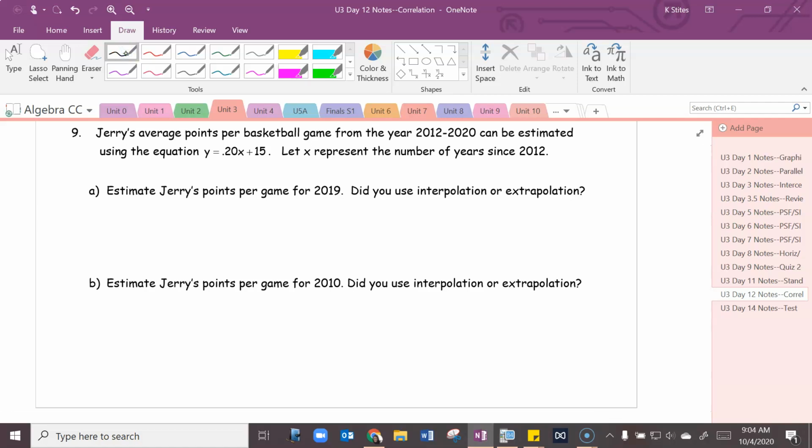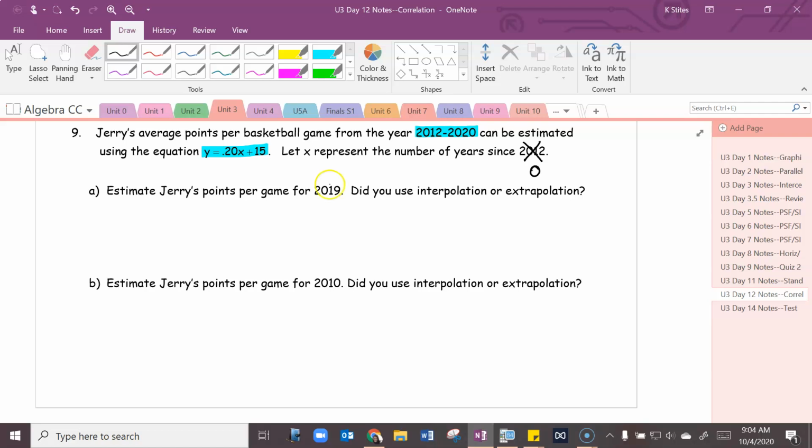Jerry's average points per basketball game from the year 2012 to 2020 can be estimated using this equation. This is our data range. That's how we're going to determine interpolation versus extrapolation. Here's our equation. And then X represents the number of years since 2012. That means 2012 is year 0. That's what we're comparing everything to. Estimate Jerry's points per game for 2019.